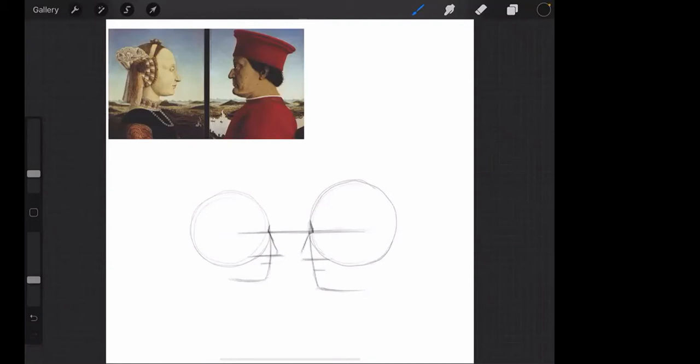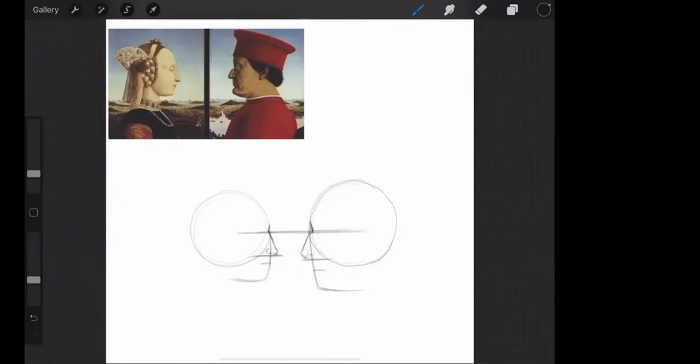And through the bridge of the nose and the nose bulb, you can draw nostril and wing for nostril, and septum.